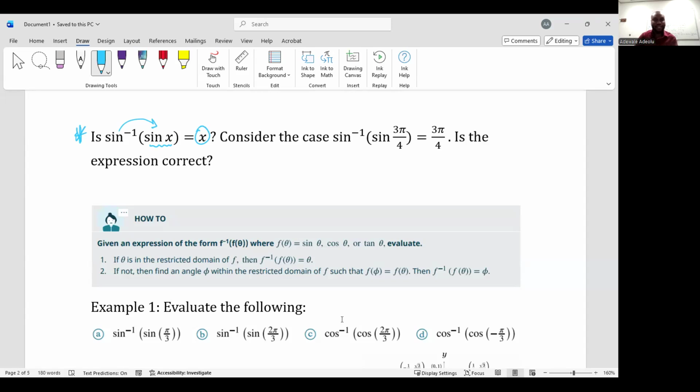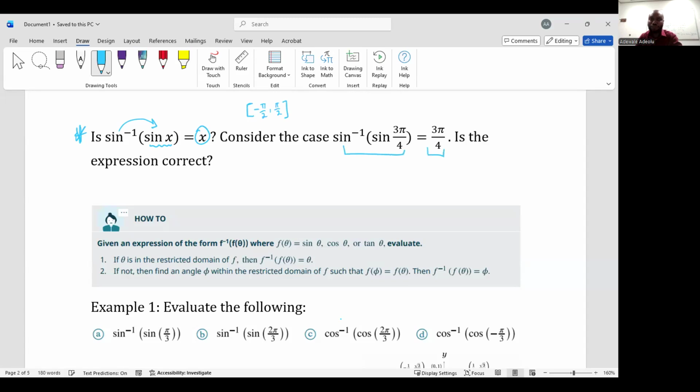Because sine inverse is working on a restricted domain for sine, which is -pi/2 to pi/2. So it is not every x that will work in that case.